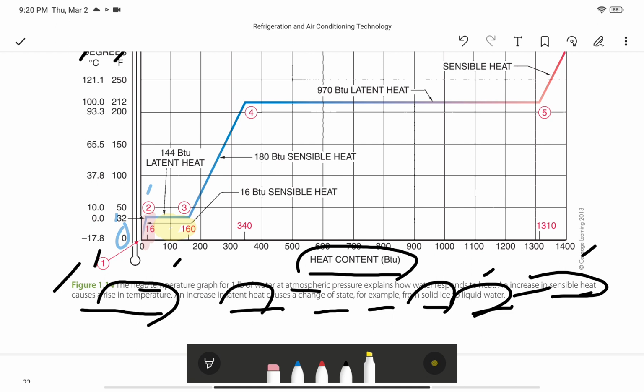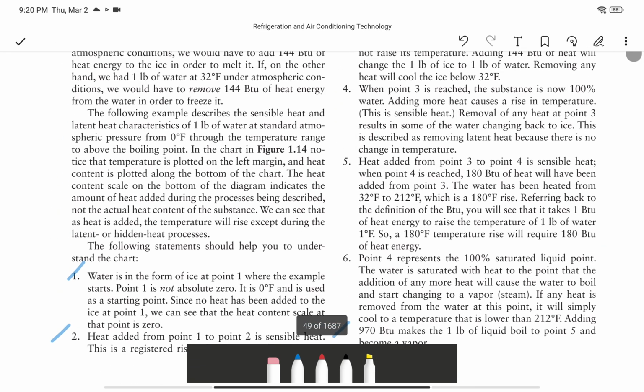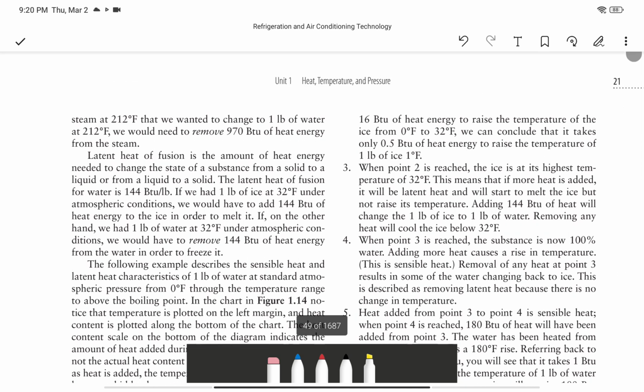This is latent heat. So there is no change of temperature, but there is a change of what? There's a change of what? Of phase, right?